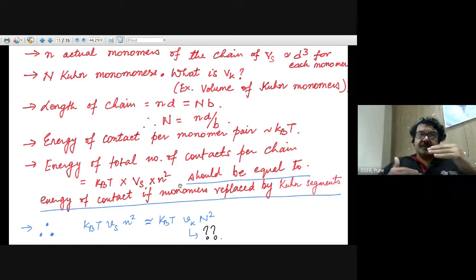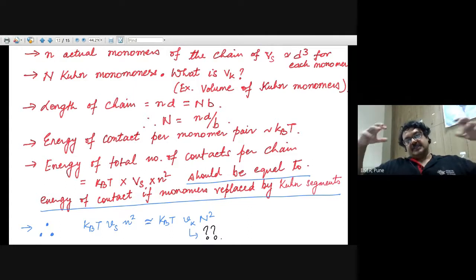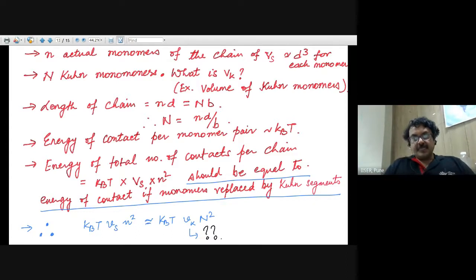And just because you are changing the description, rather than talking about real monomers in a polymer chain, you want to discuss the physics in terms of Kuhn segments, the energy of contact. So you have a polymer chain and there is a certain energy of contact. Now, whether you want to describe it in terms of real monomers of the polymer chain or in terms of Kuhn segments, the energy of total number of contacts cannot change, right?